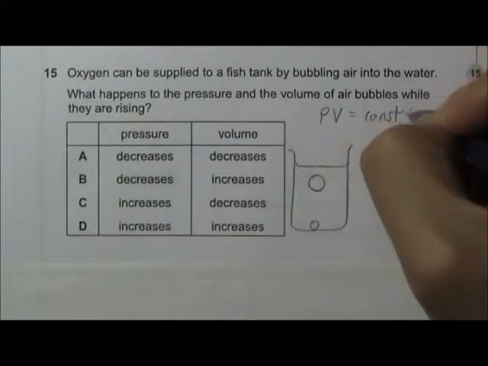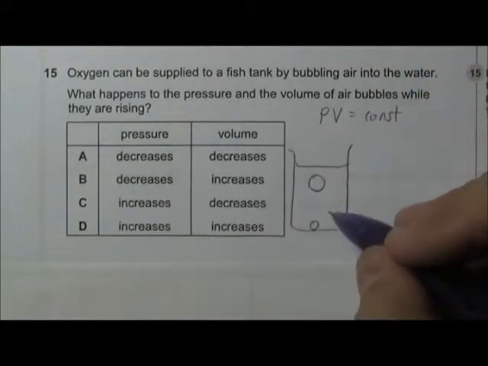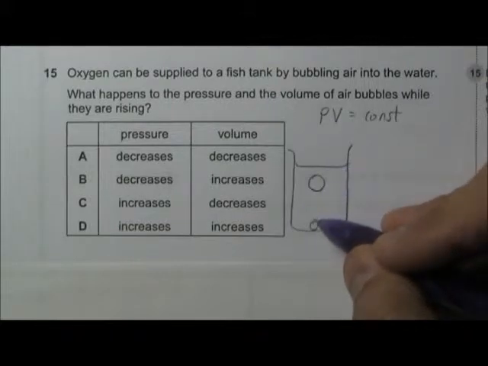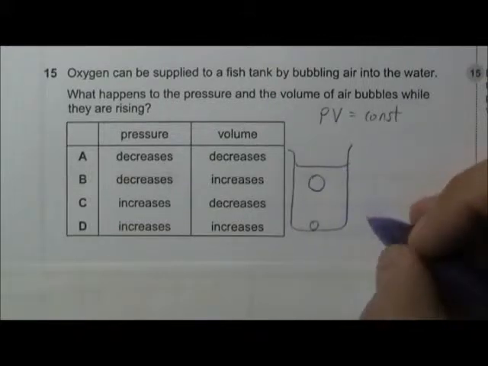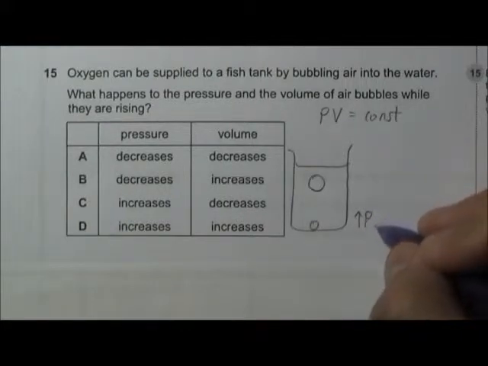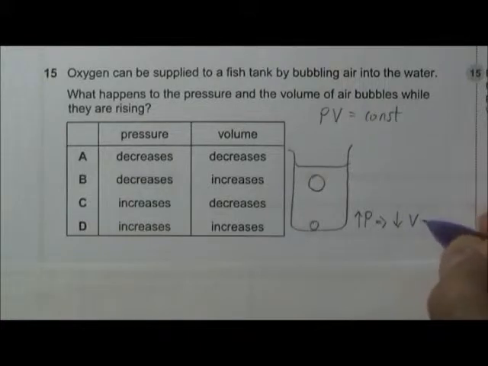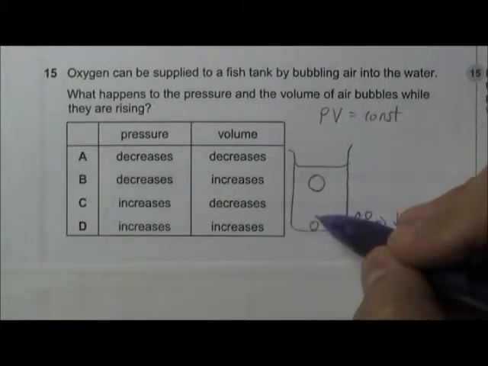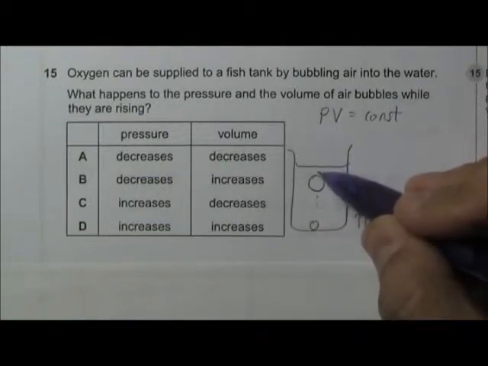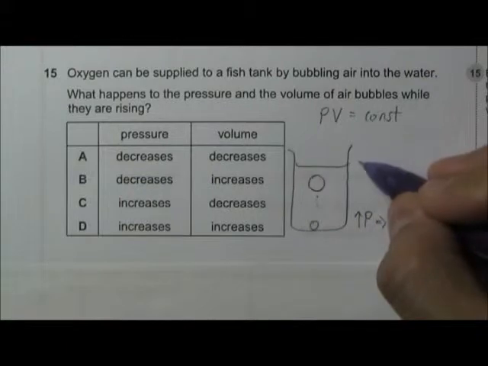Okay, so at the bottom, because it is being pressed down by a height of water, the pressure is high. So if PV is equal to a constant, that will give us a lower volume. And when the bubble rises to the top, the height of water that is pressing down on the bubble decreases, so the water pressure decreases.